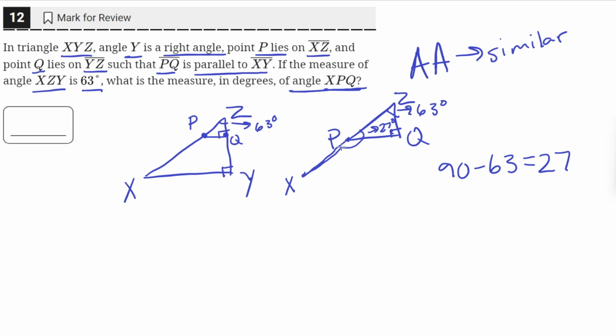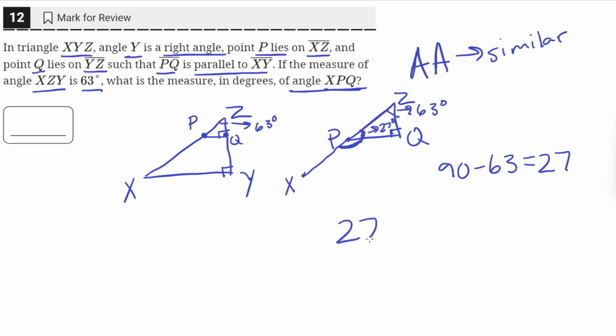And since we know that this long thing is 180 degrees, since it's a line, that means that these two angles, this angle right here and this angle right here, have to add up to 180 degrees.